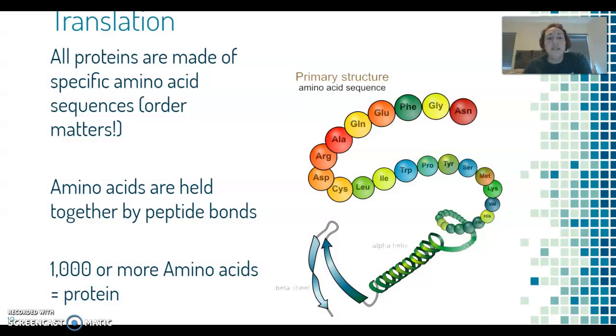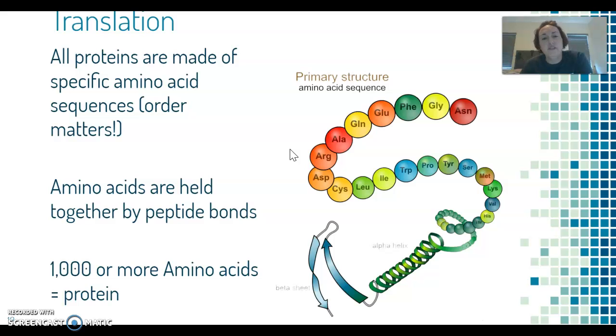So all proteins are made of a specific amino acid sequence. Every protein in our body is made up of a certain sequence of amino acids. In case you weren't aware of this, there are only 20 amino acids.